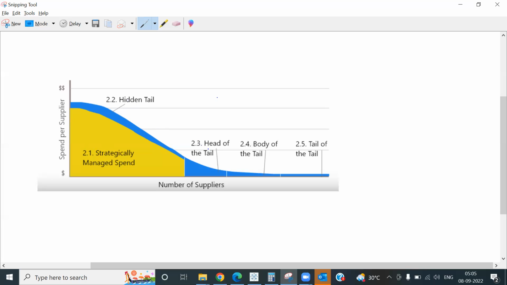In the head of the tail, the spend is low, but the count of suppliers is very high. Here we have a spend consolidation opportunity, identifying if there is any spend which can be consolidated with our top suppliers. Then we have the body of the tail, which is very low spend and needs to be focused on. If you are good in the first two parts, then the next step will be the body of the tail and the tail of the tail.